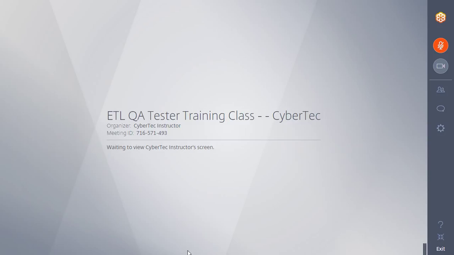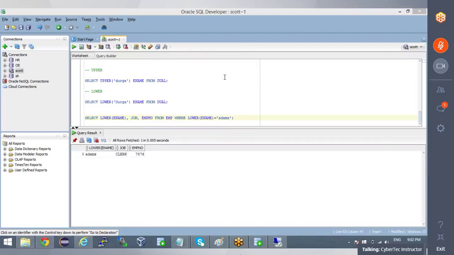Okay, fine. Let's wrap up the things in a fast manner. So we were discussing a few things like the lower function. Lower is a string function; lower and upper are string functions. Basically these functions are used to generate the output in lower case or upper case.